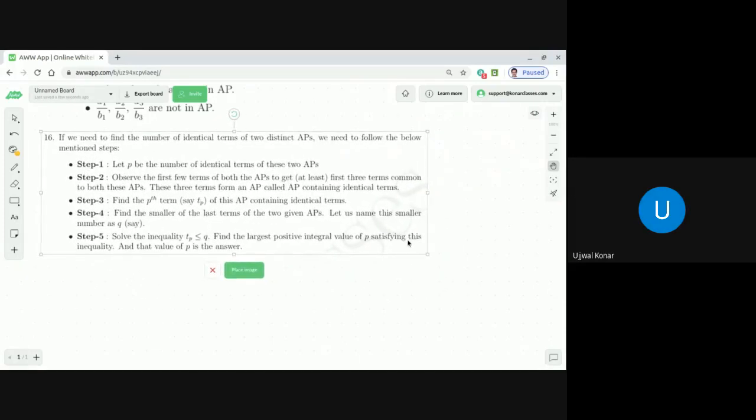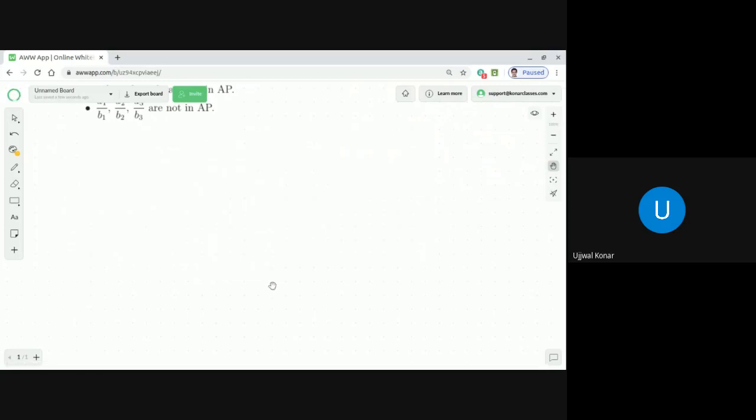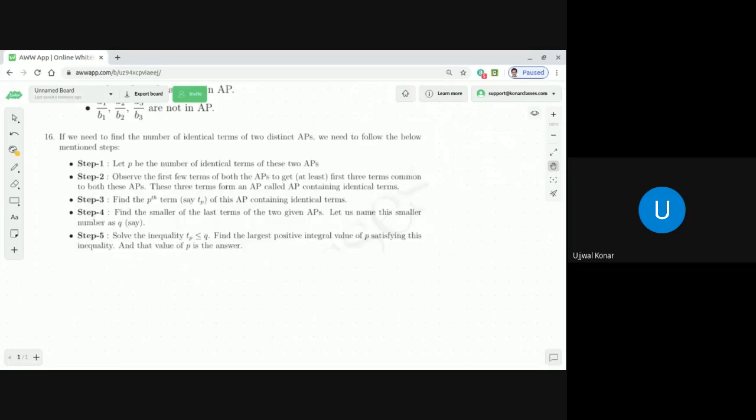So dear students, what we are going to discuss now is that if we need to find the number of identical terms of two distinct APs, suppose two APs have been given to you, and you need to find the number of identical terms. Possible, no? Let me give you an example so that it will be understood.